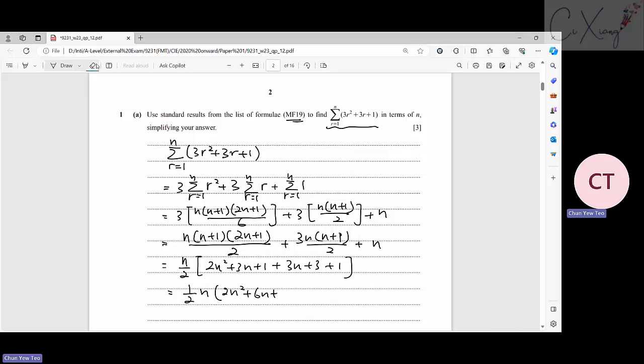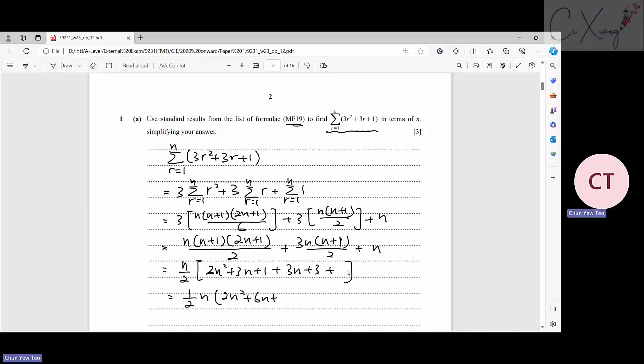This one, I made a mistake. That's supposed to be a 2 here, so this one's supposed to be a 6. Then you can see that you can factorize them. You become n squared plus 3n plus 3. Done. That will be the answer for part A.